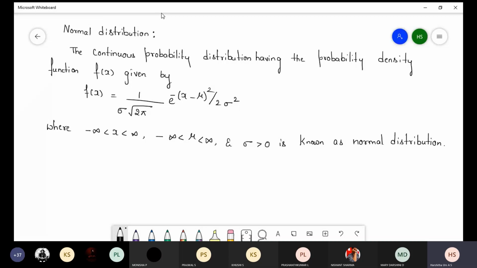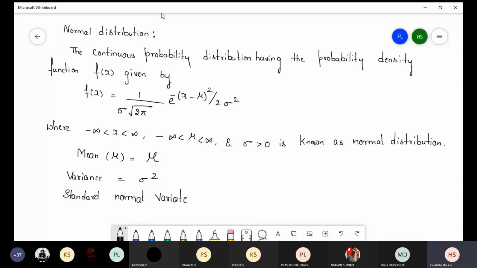Next, mean. Formula of mean is mu. Variance is equal to sigma square. And one more, standard normal variate.